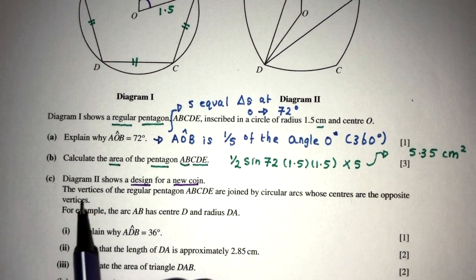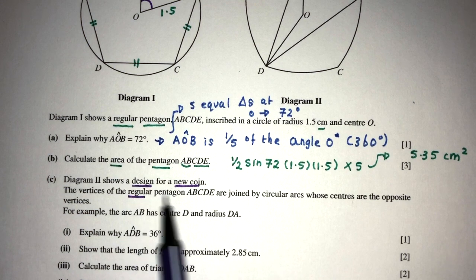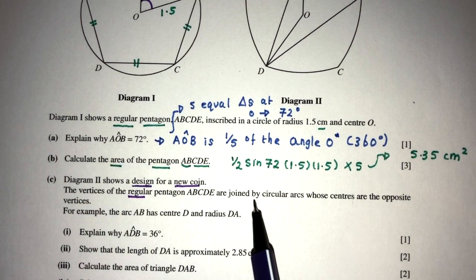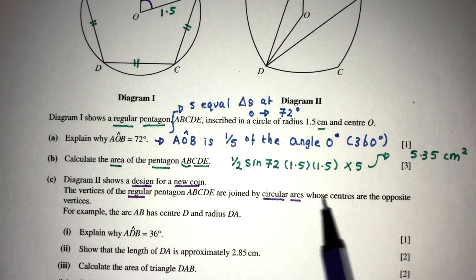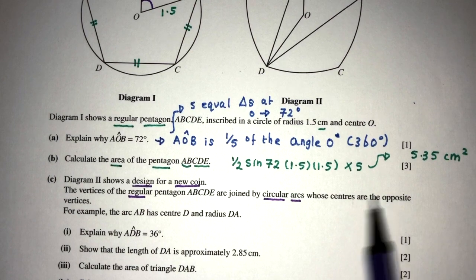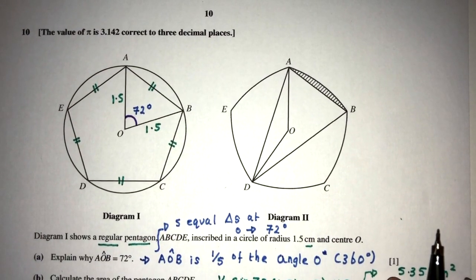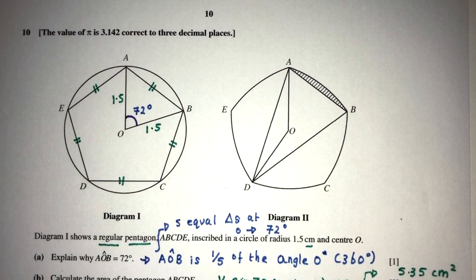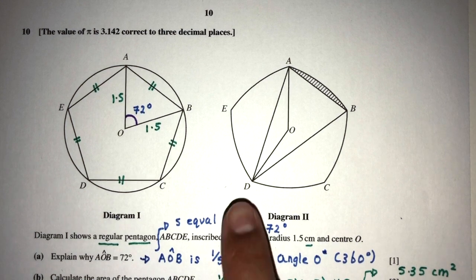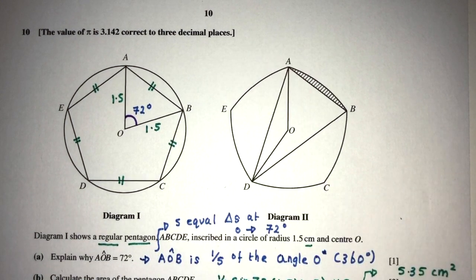The vertices of the regular pentagon ABCDE are joined by circular arcs whose centers are the opposite vertices. As you can see here, this is a new design for a coin, and the vertices of the pentagon, these points, right, they are joined by circular arcs.